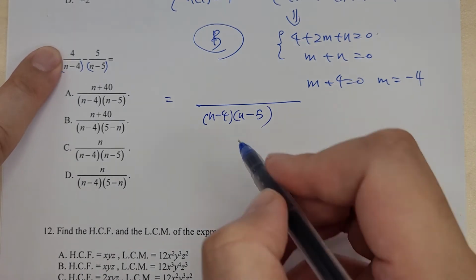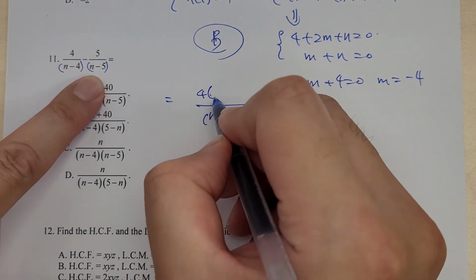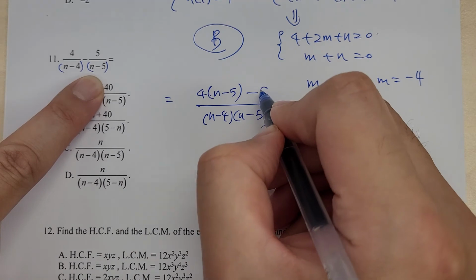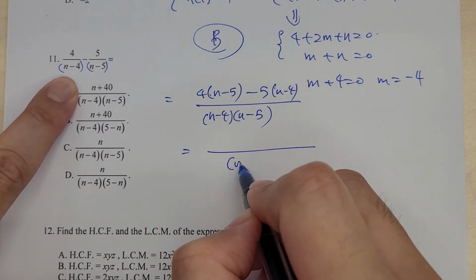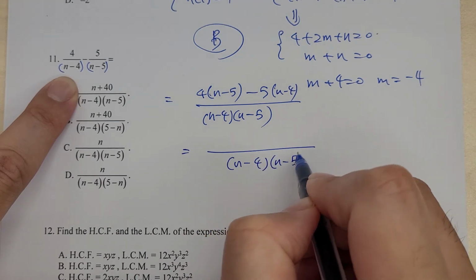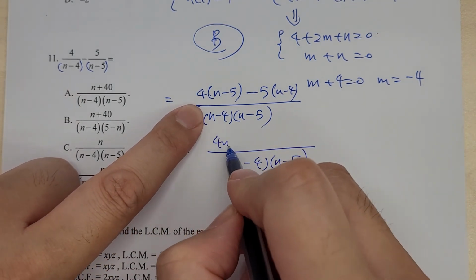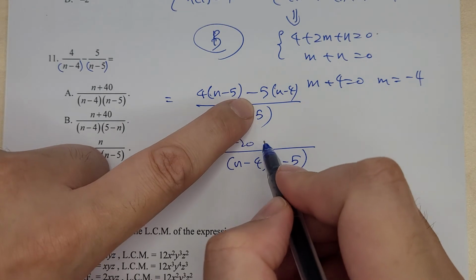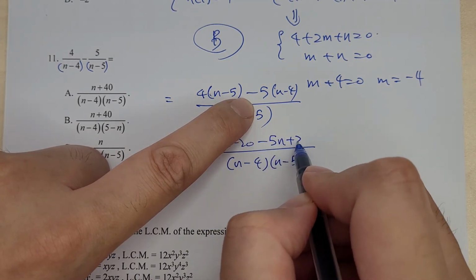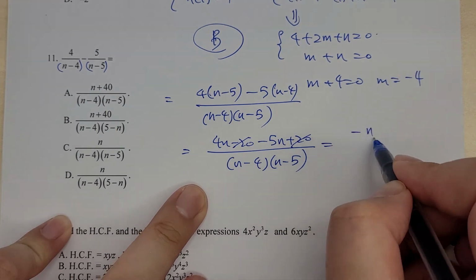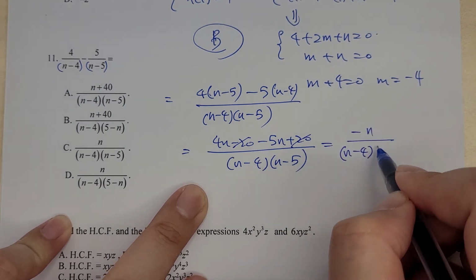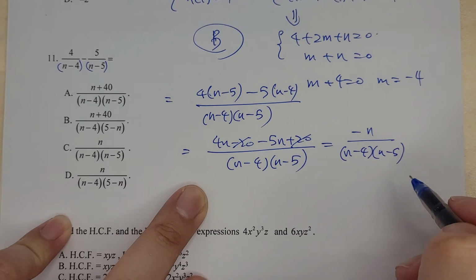The first expression should be 4 times n minus 5, and then minus 5 times n minus 4. The denominator cannot change so far. So that is 4n minus 20, and here, pay attention, minus 5n plus 20. So these cancel, and you are left with negative n in the numerator over n minus 4, n minus 5 in the denominator.